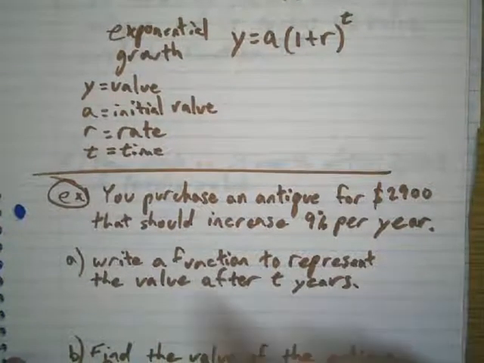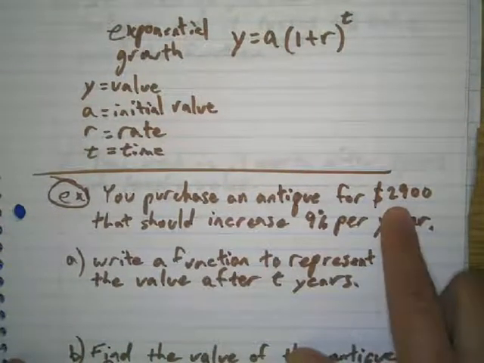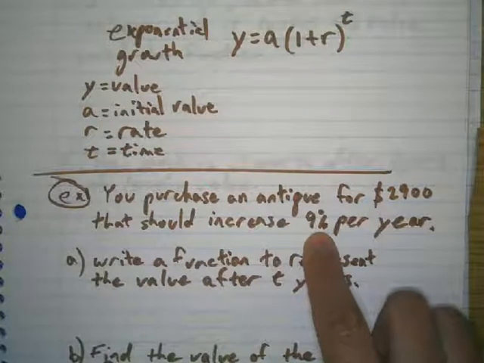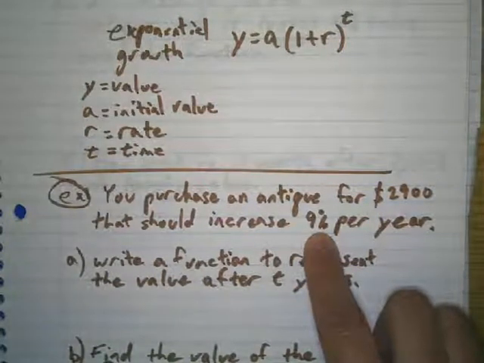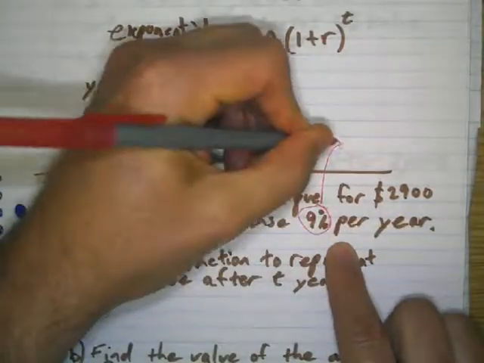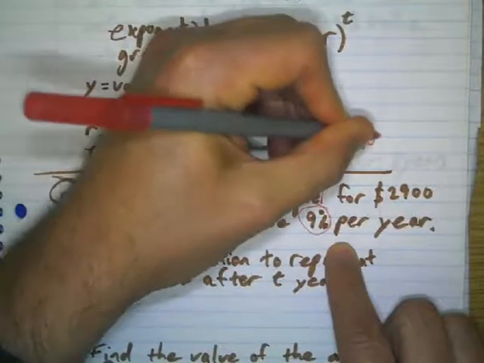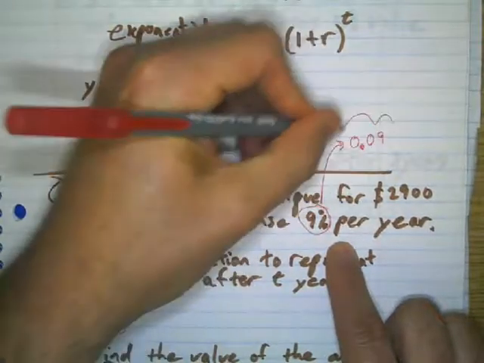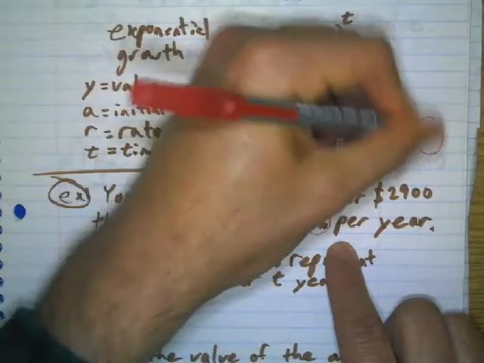You purchase an antique for $2,900, and it's increasing at a rate of 9%. So the first thing you need to do is think of this 9% as a decimal, which is 0.09. It's very, very important to remember this, okay?